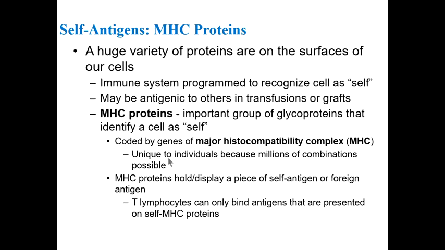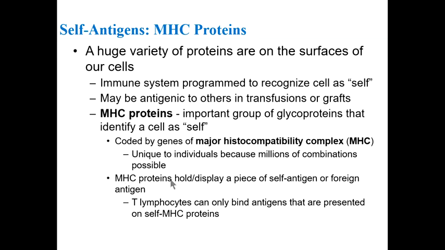They're unique to individuals. There's millions of combinations, but if we put an MHC protein in an individual that does not create these proteins on their own, that will be perceived as foreign in another person. Just think of blood typings that are not compatible.